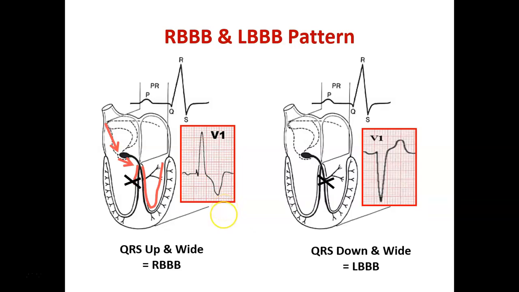So the impulse from the atria goes to the ventricle, and on the way, if it's blocked at the right bundle branch, we get the RSR pattern or quite wide QRS complexes in V1. If it's blocked on the left side, the left bundle branch, we get QRS complexes that will be down and wide in V1.